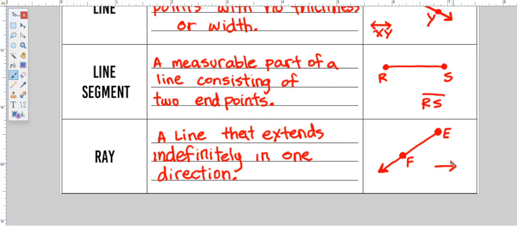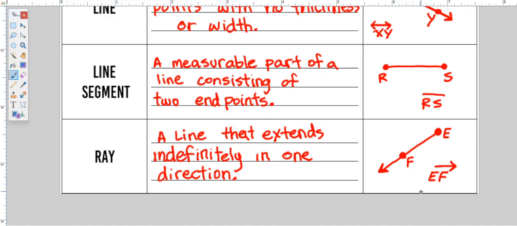Ray, right, starts with an R, single arrow to the right. And I am going to label them by the endpoint first. So F would never come first in this situation. The E will always come first. So ray EF.